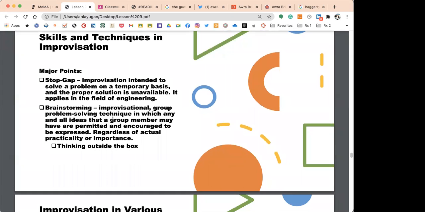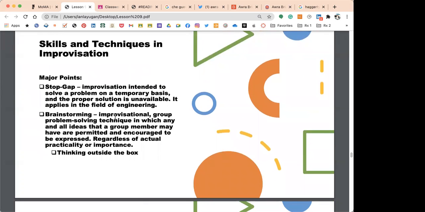Thinking on your feet, kasi can you think of something snappy, something very good to say even if you are just given a few minutes or a few seconds? Here are some skills in improvisation. The major points are stopgap and brainstorming. When you say stopgap, this is improvisation intended to solve a problem on a temporary basis when the proper solution is unavailable.